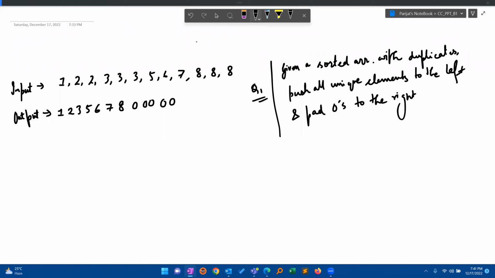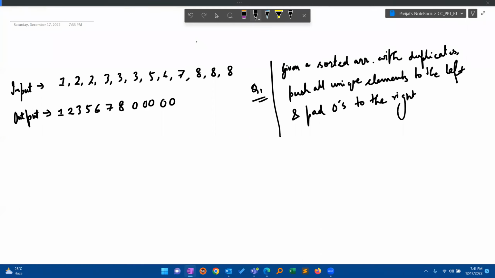Then when the first pointer reaches the end, we would have seen all the elements in the array, and all the distinct elements would be up to a certain position.